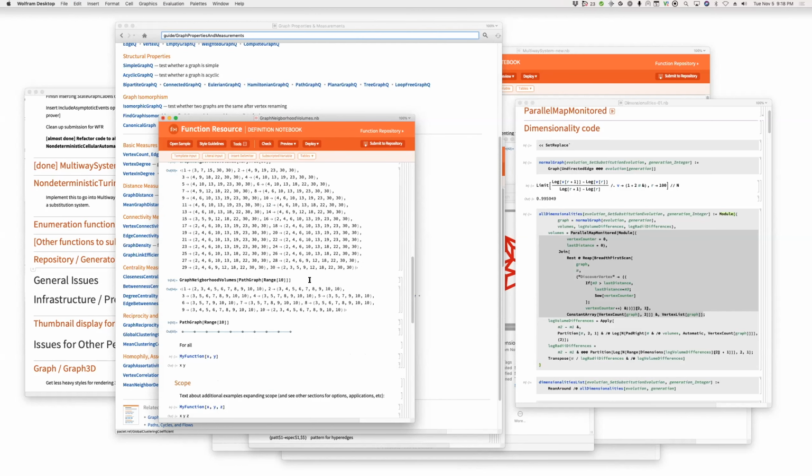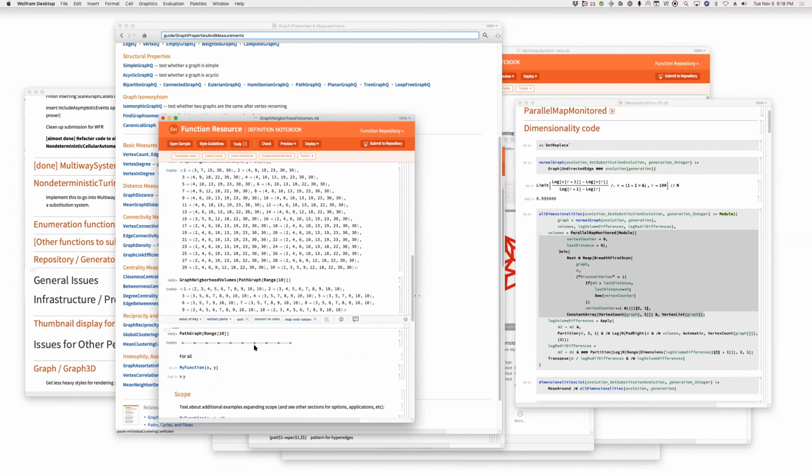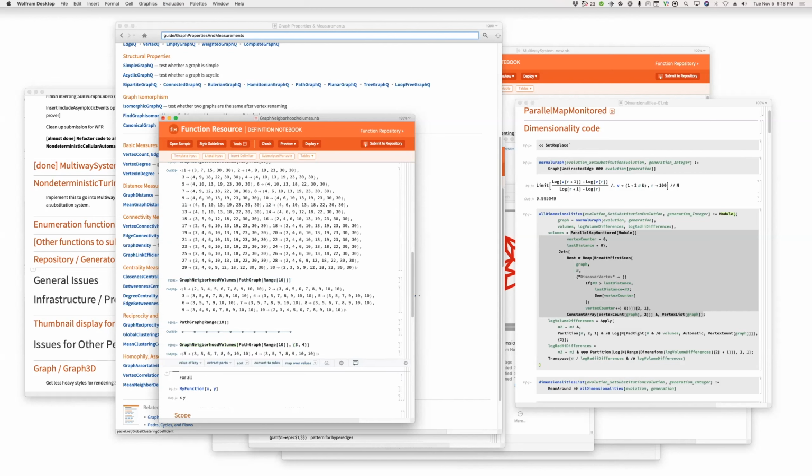Okay, cool. So if we just want it for vertices three and four, there we go. Great. So that was easy.